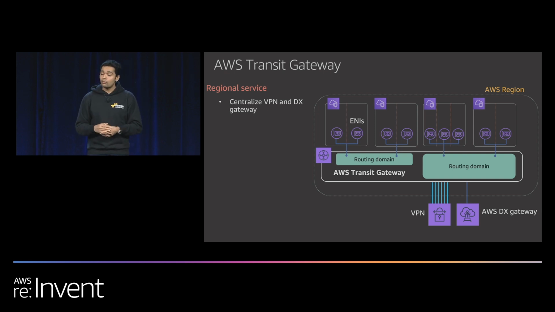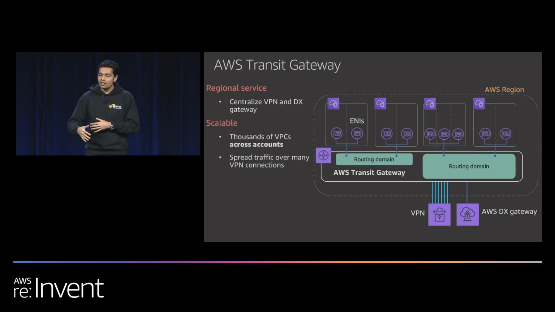Secondly, it scales up to 5,000 VPCs by default. And now we support equal cost multipath VPN. So you're still limited to that 1.25 gigs of throughput, but now you can horizontally scale using ECMP. And in-house, we have tested up to 50 gigs of throughput. That does not mean that we cannot go higher. If you have a use case, please come and talk to us.